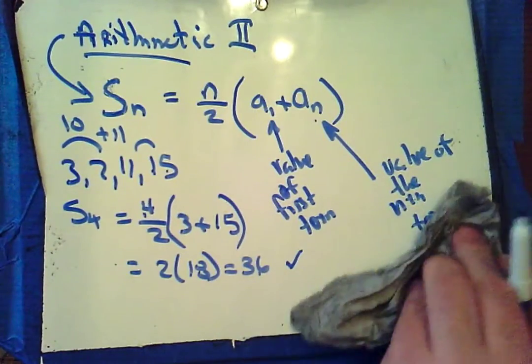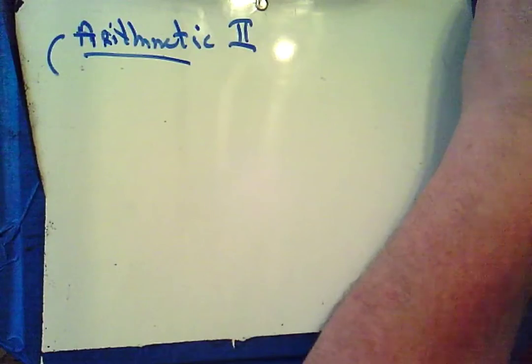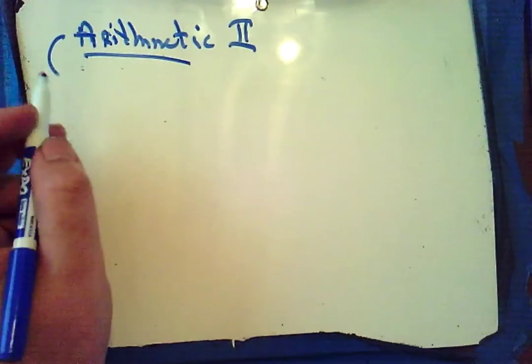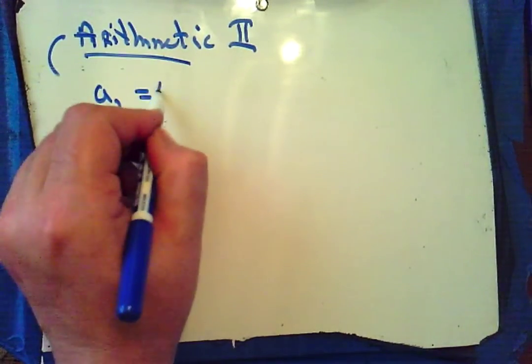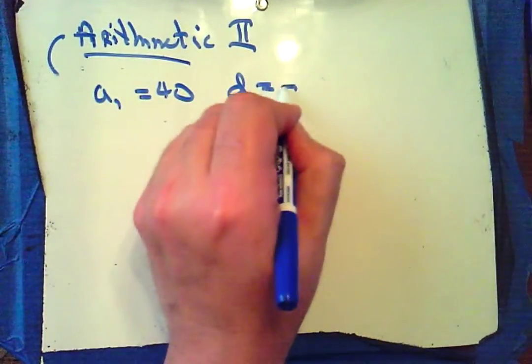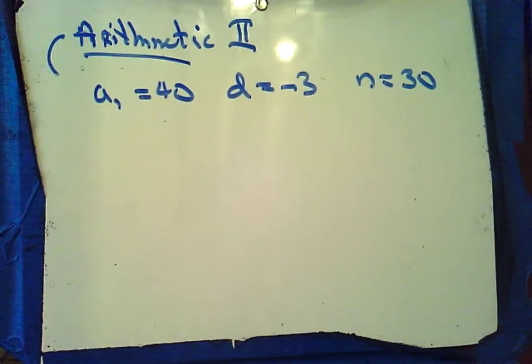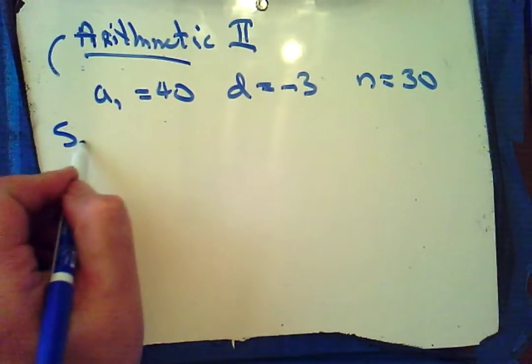So let's see how we'd be using this in our problems. I've got a sub 1 equals 40, d equals negative 3, n equals 30. And I'm looking for s sub 30.